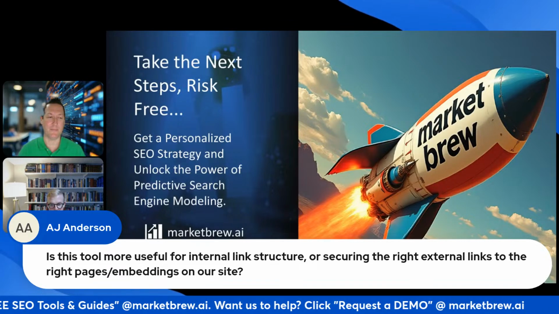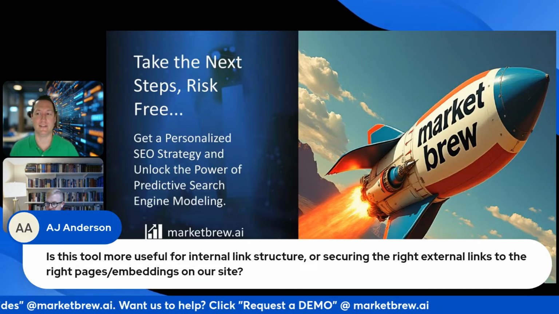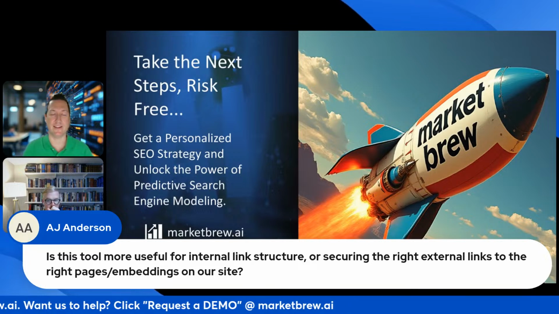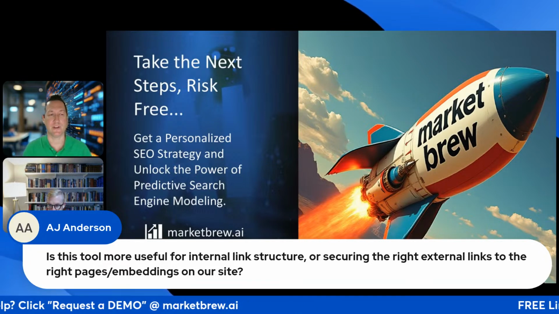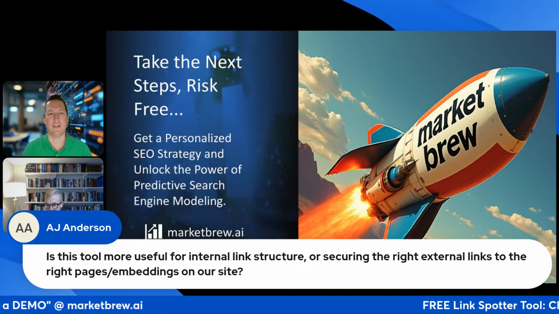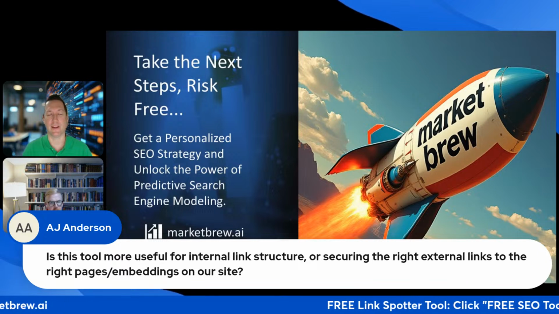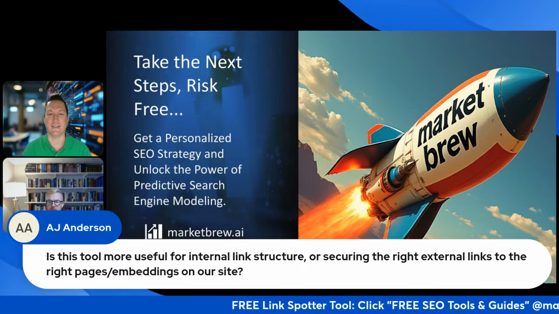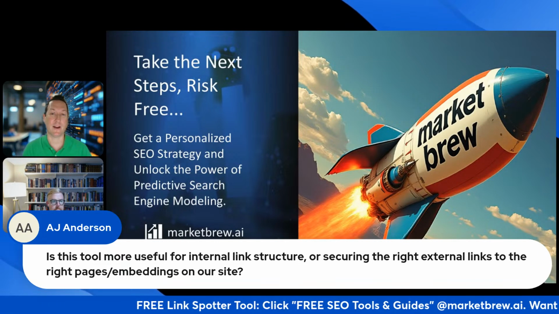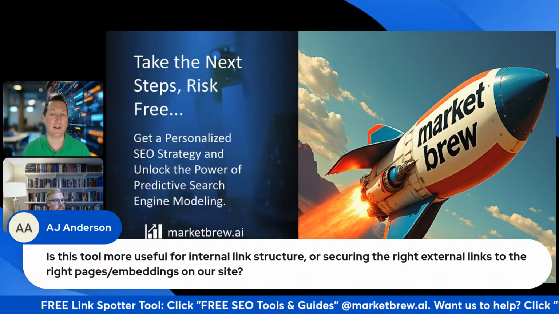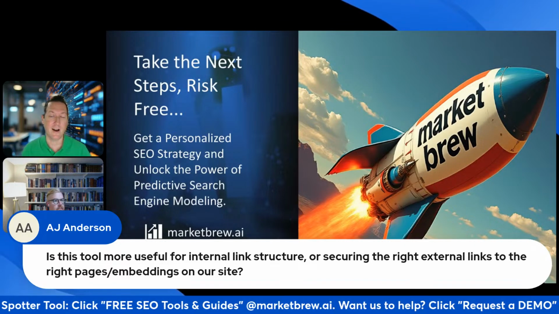It can be both. The link flow distribution is really a site-wide thing, so that's only in our tool for our paying clients, where they can see the entire site's link scoring. But the link spotter tool can definitely help you, even if it's your internal linking.